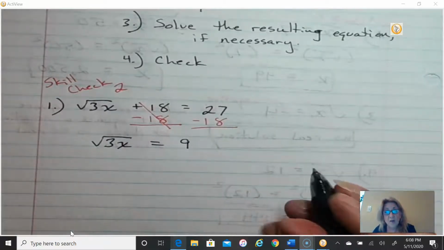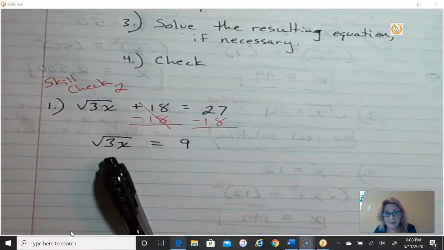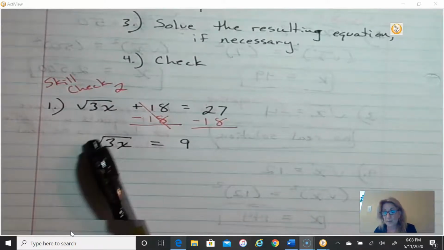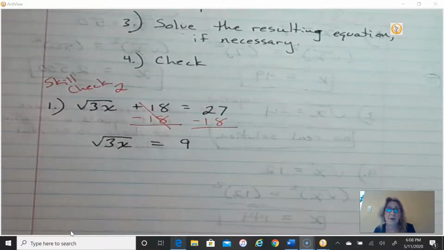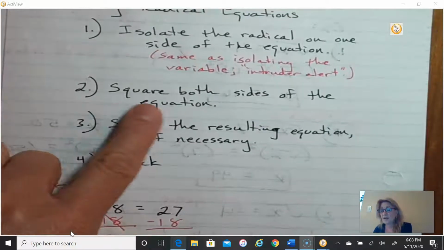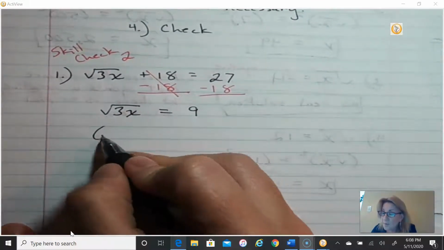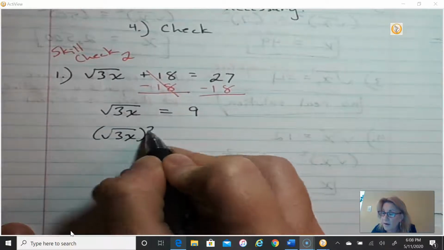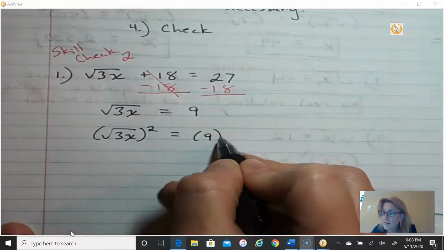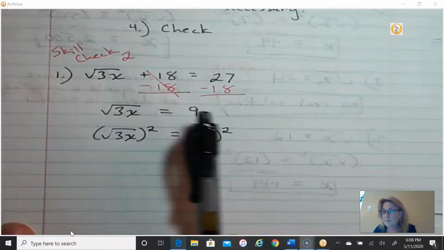Now we have isolated the radical, all by itself, and a number all by itself. So now we're doing step 2, square both sides of the equation. That's what we did at the beginning of this lesson.